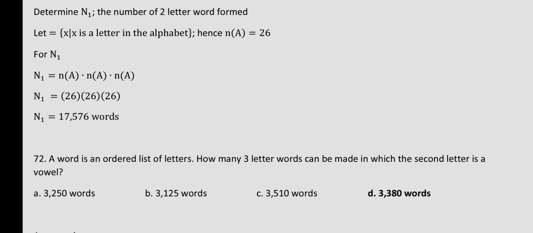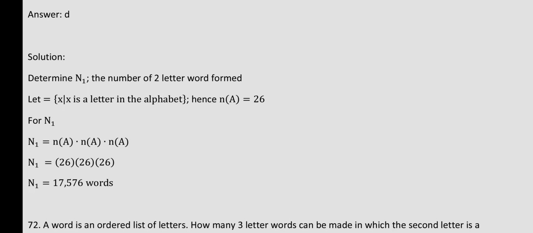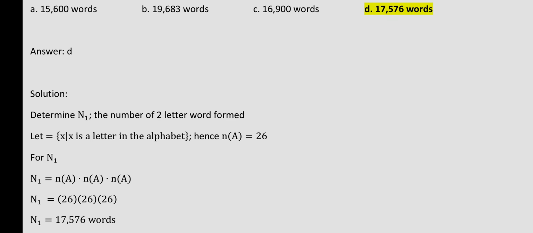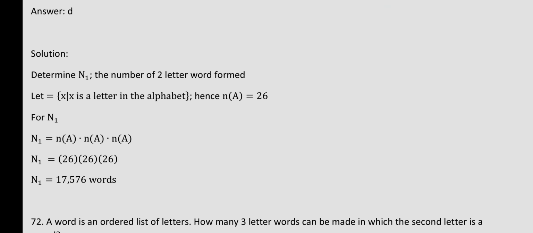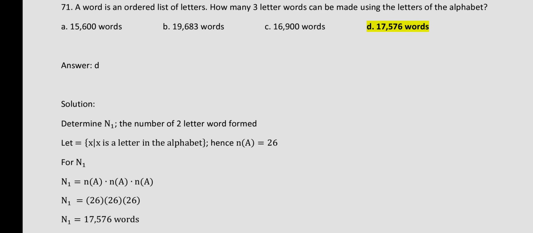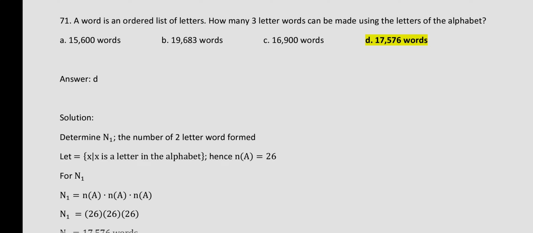Kaya, for n sub 1, since 3-letter words ka, may n ng A ka na 3, n of A times n of A times n of A. So, 26 times 26 times 26, makukuha mo dyan is 17,576 words. Ganun lang siya kasimple i-solve. Okay? Tingnan mo yan tanong na yan. Madali nilang i-tanong yan kung yan ang tanong. Letter D.